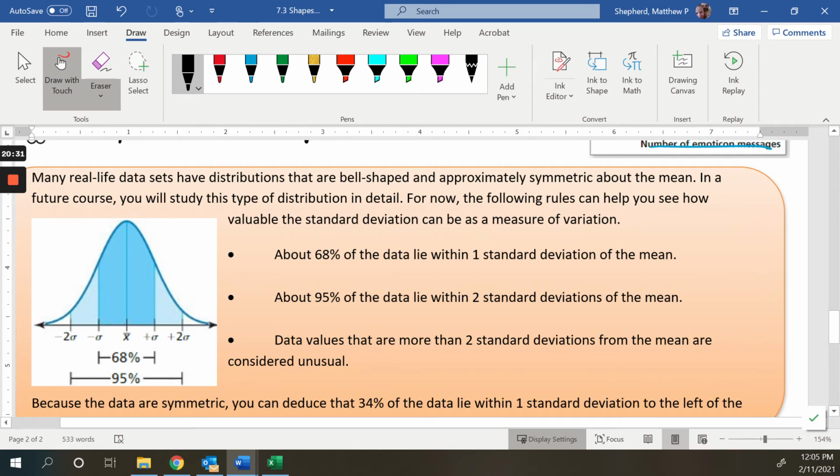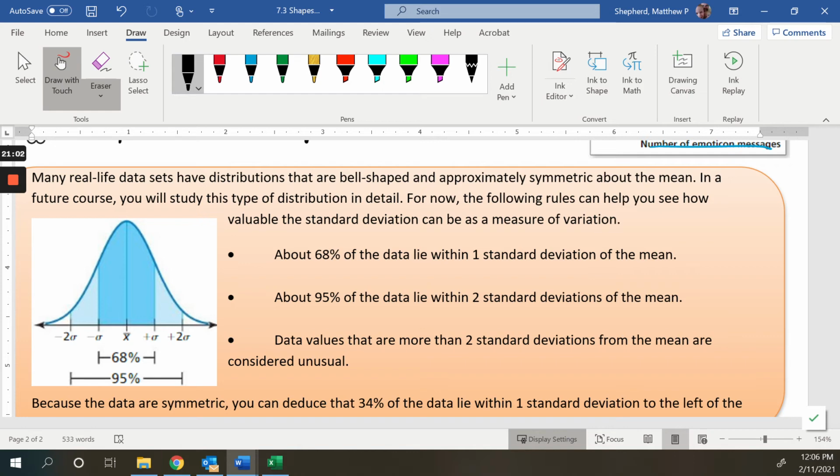And they're approximately symmetrical about the mean. So a lot of data sets have that. In a future course, you're going to study this type of distribution in detail, okay? Especially in Secondary 3, you're going to really jump into how to use this graph that I'm showing right now. For now, these rules are going to help you see how valuable the standard deviation can be to measure variation.